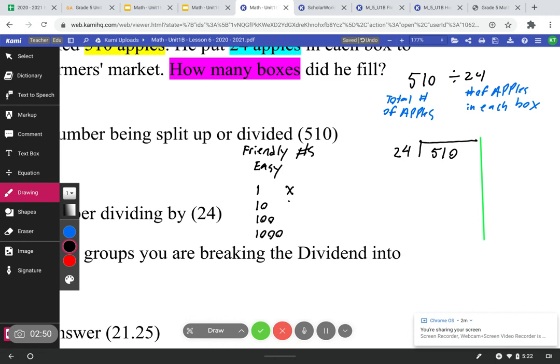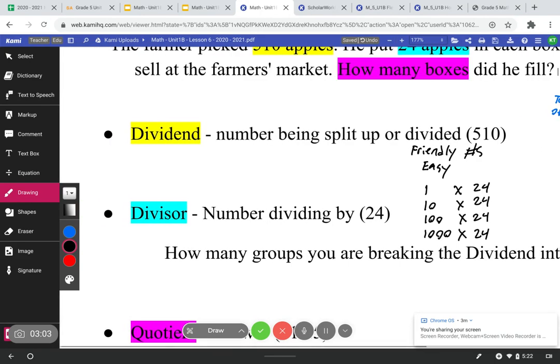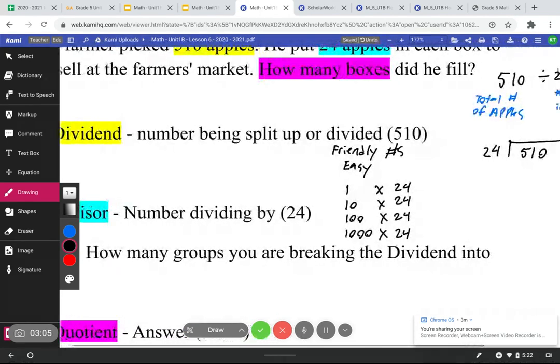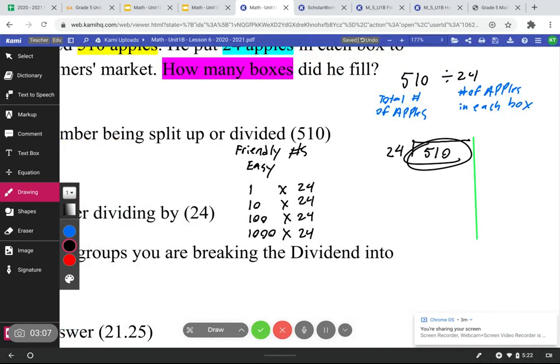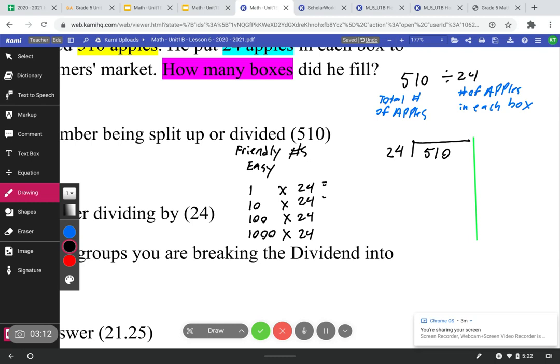So let's multiply those by 24 to see where we should start. Because when I'm estimating, I want to get as close as possible to the dividend, the number being split up or divided. In this situation, it's 510. I want my estimation to be as close as possible to the total number of apples, the dividend.